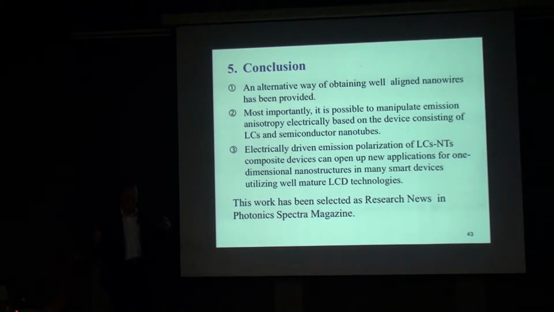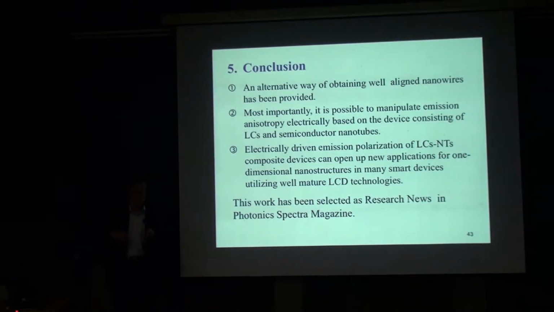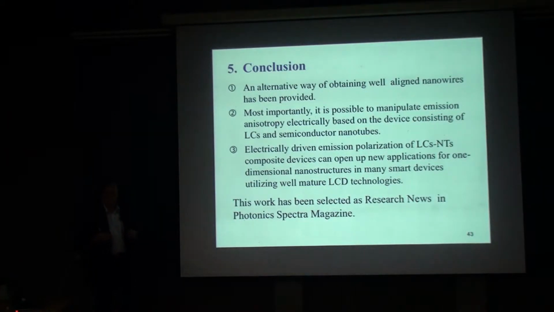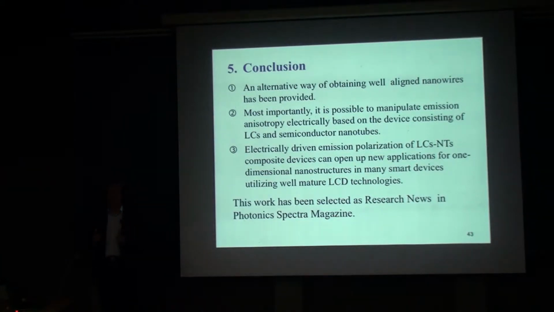We have a new semiconductor device system that integrates a liquid crystal device and the semiconductor nanowire. The device has a very unique feature: the physical property of this device can be tuned by an electric field. Okay.